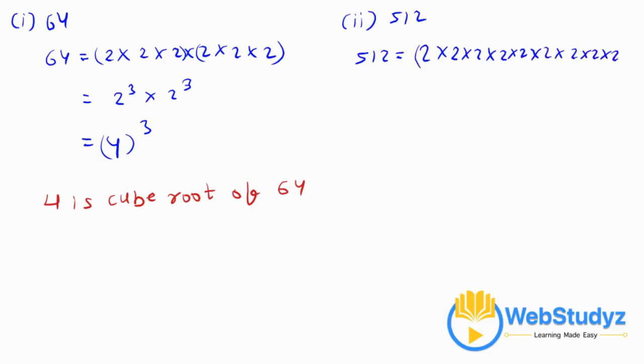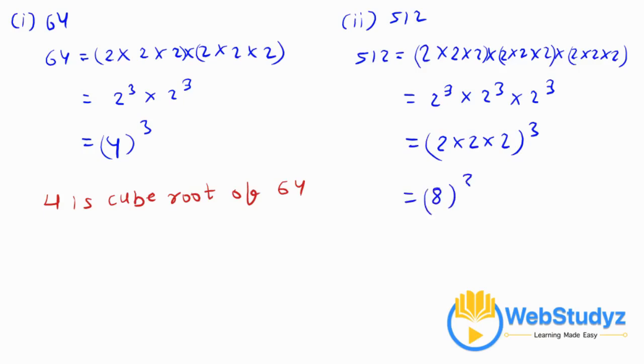That means we have 3 triplets of 2, which can further be written as 2 to the power 3 into 2 to the power 3 into 2 to the power 3, which is equal to (2 into 2 into 2) whole power 3, which will be equal to 8 to the power 3.